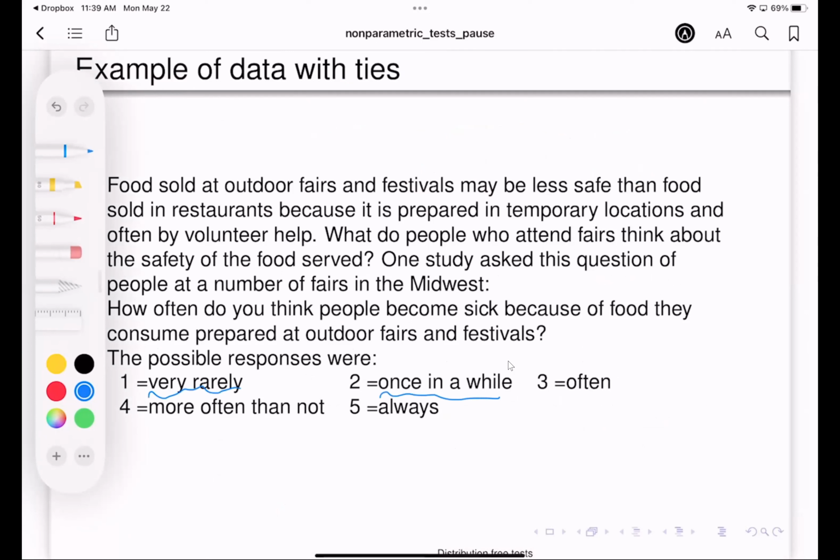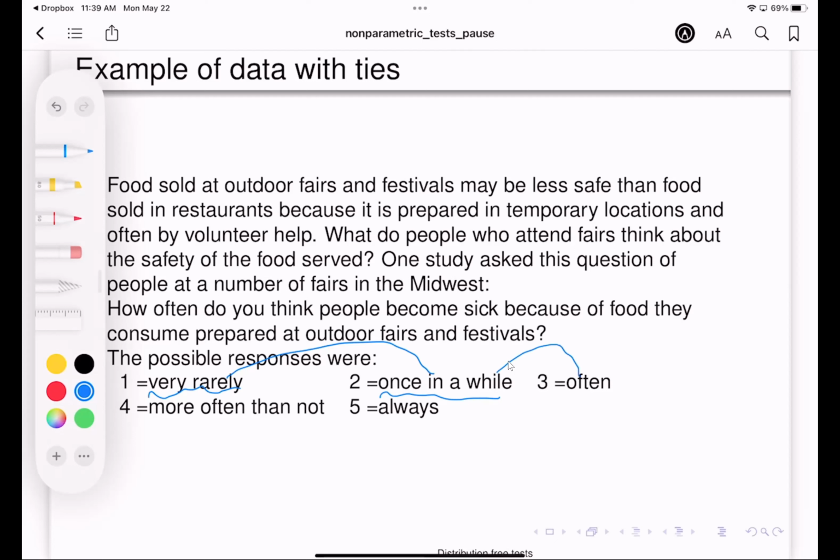If we have values 1 and 2, the distance is 1, and values 2 and 3, the distance is also 1. If it's a numerical value, that distance is meaningful. But if you look at very rarely versus once in a while, you call that distance 1, and is once in a while versus often also 1?